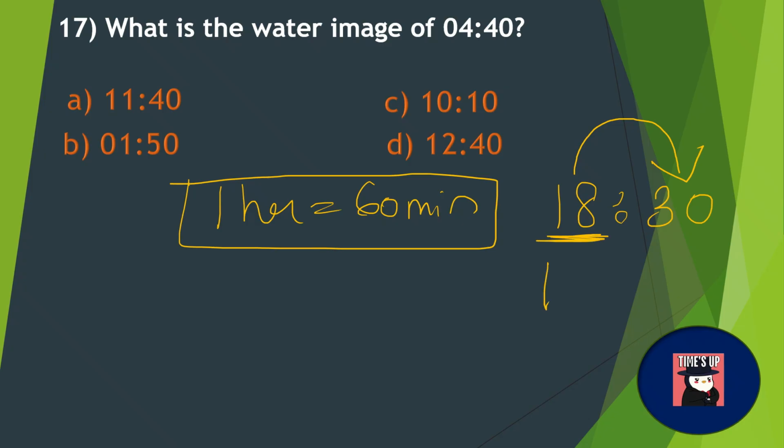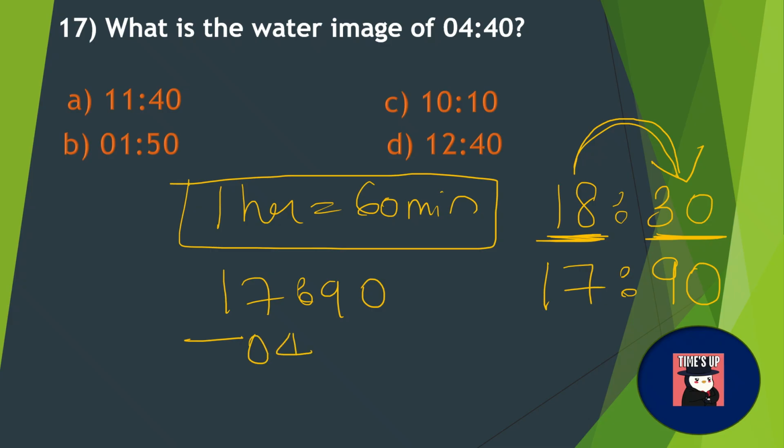So 1 hour when you borrow, it will be 17, correct? And 1 hour is equal to 60 minutes. So already 30 minutes is there. Plus 60 minutes you need to do. So it will be 1790. Correct? So you need to subtract 1790 minus 440.